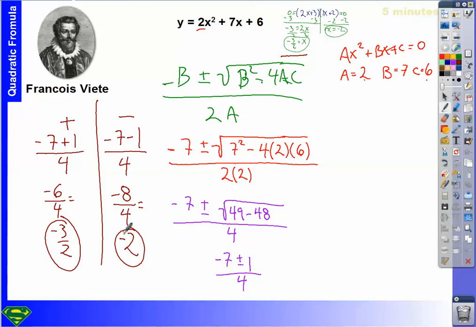But the advantage to the quadratic formula is this: it will give you solutions when you do not have whole number answers. So if you cannot factor a quadratic expression, you can still get the correct answer by using the quadratic formula. The quadratic formula will also work when your solutions are imaginary, which is something that we'll get into later this year as well.